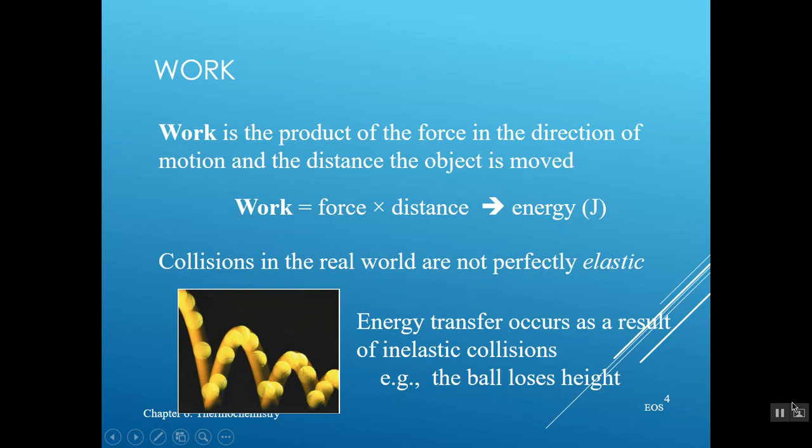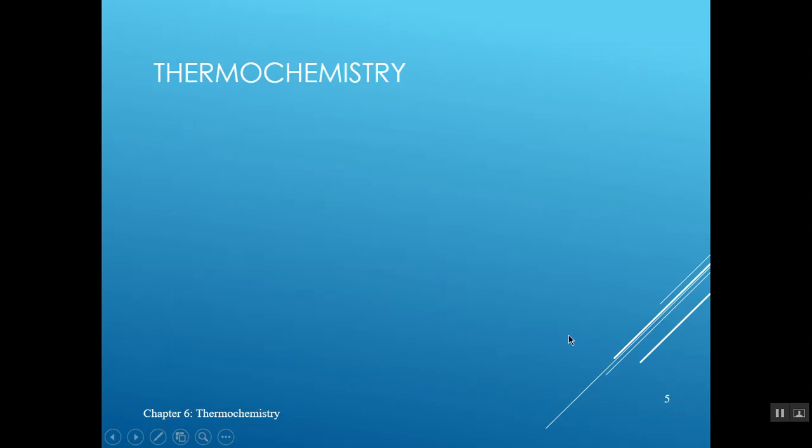All right. So that's one thing that you must recognize in the real world. Collisions are not perfectly elastic because the kinetic energy is not totally transferred. So energy transfer occurs as a result of inelastic collisions in the real world.